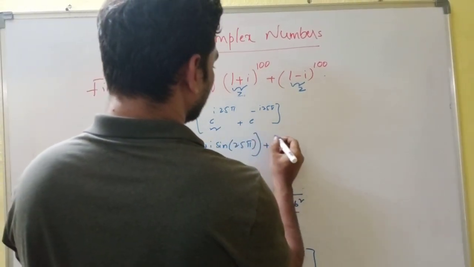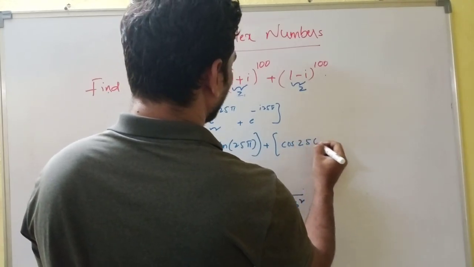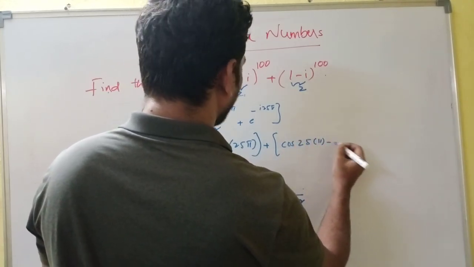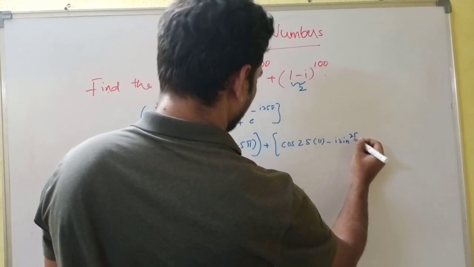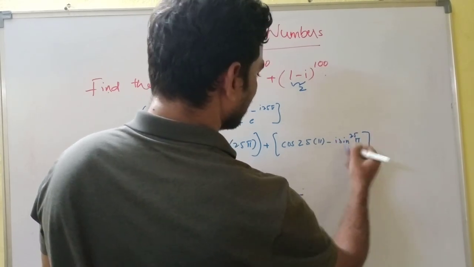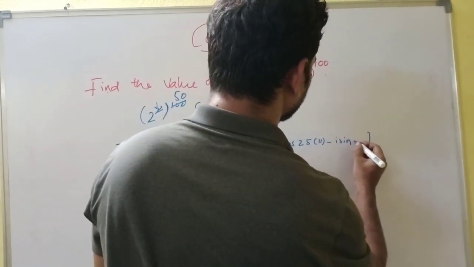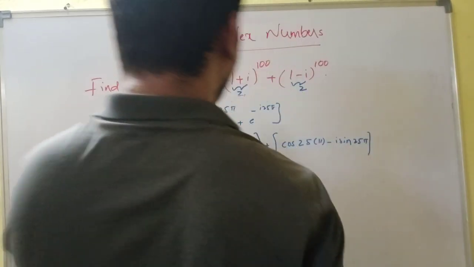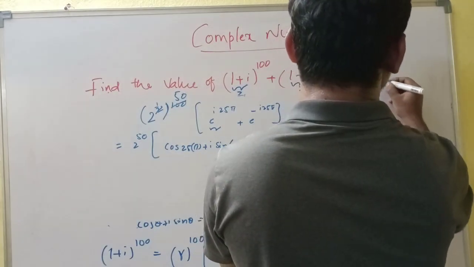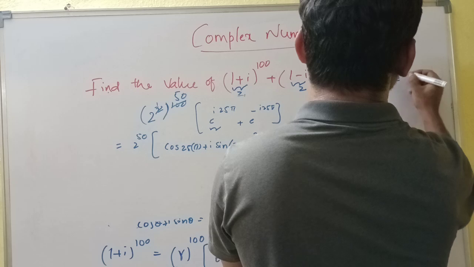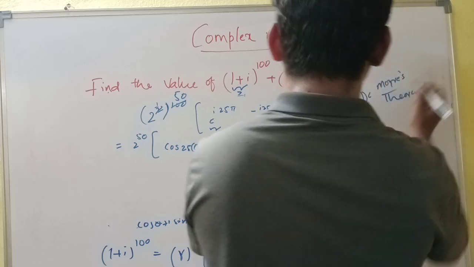Another equation: cos 25 pi minus i sin 25 pi. This equation comes from De Moivre's theorem.